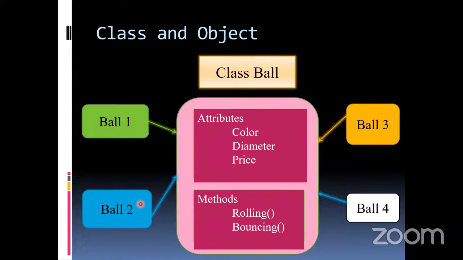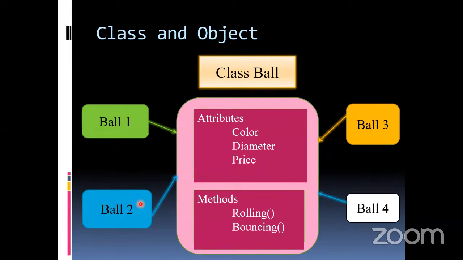And what does this object mean? Just a reference for that class. Through this reference, we can access the attributes and methods. For each and every object, we will have different values.